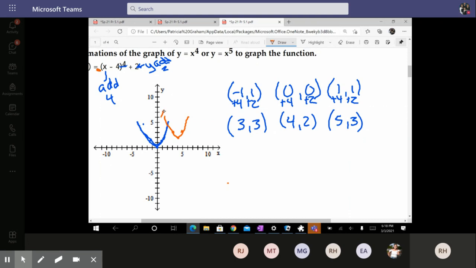So you know your end behavior is both of those going up. So far, so good?